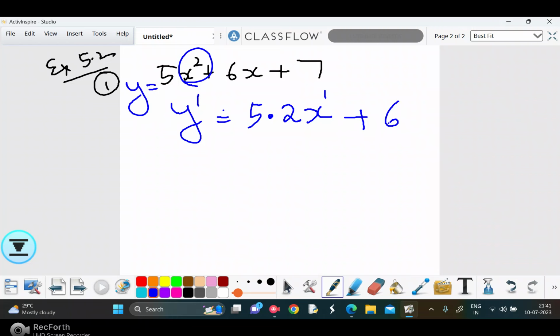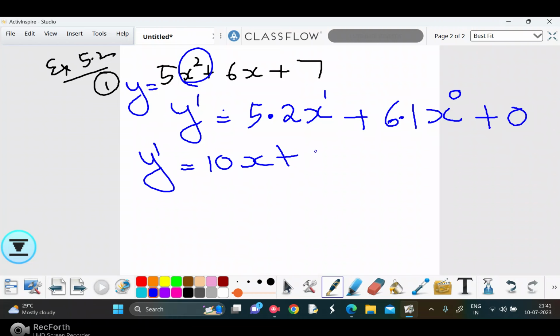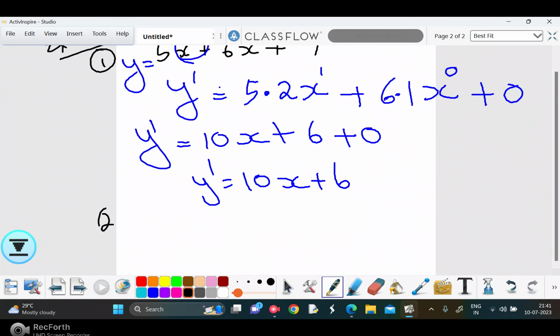Plus 6x, differentiation is 6 into 1 x power 0, plus now see here it is a pure constant, not attached to a function, so the differentiation of 7 will be equal to 0. You can remember differentiation of x directly as 1. So f dash is equal to 10x plus 6, since anything to the power 0 is 1. So your y dash will be 10x plus 6.